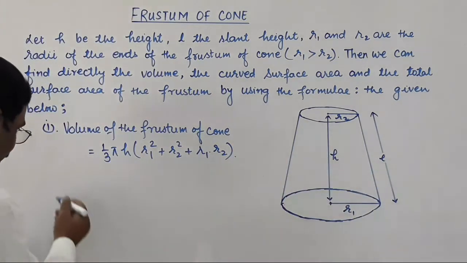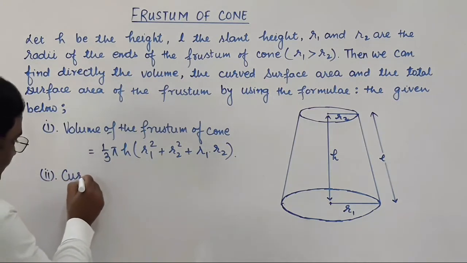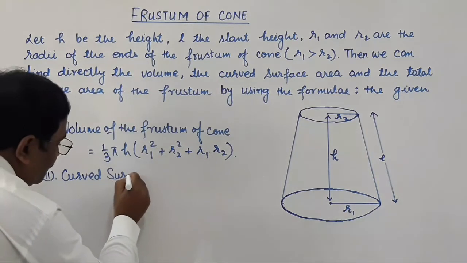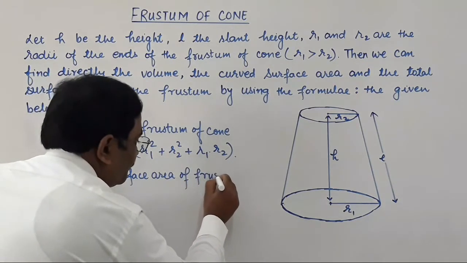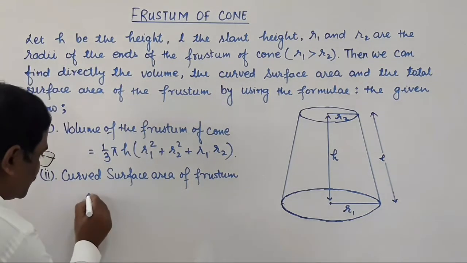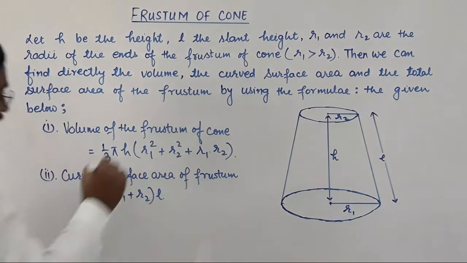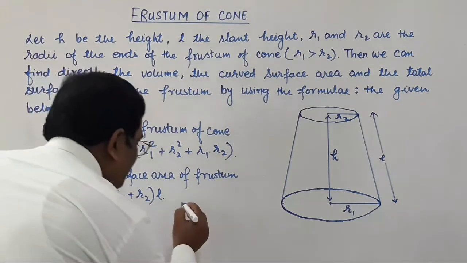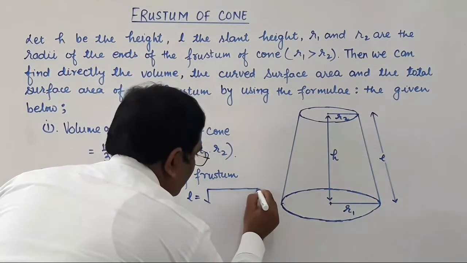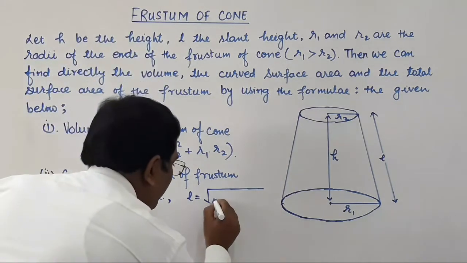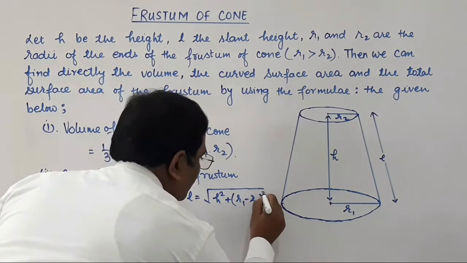Curved surface area of frustum is equal to pi into (R1 plus R2) multiplied by L. L is the slant height, where L is equal to under root h square plus (R1 minus R2) whole square.